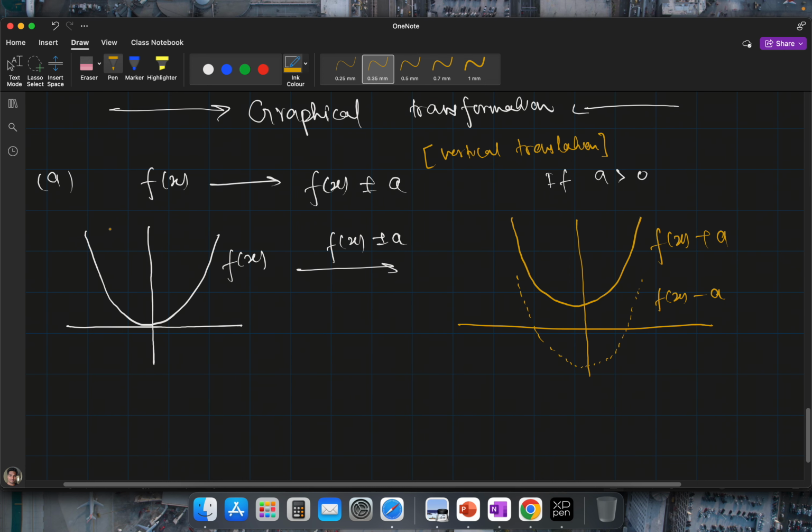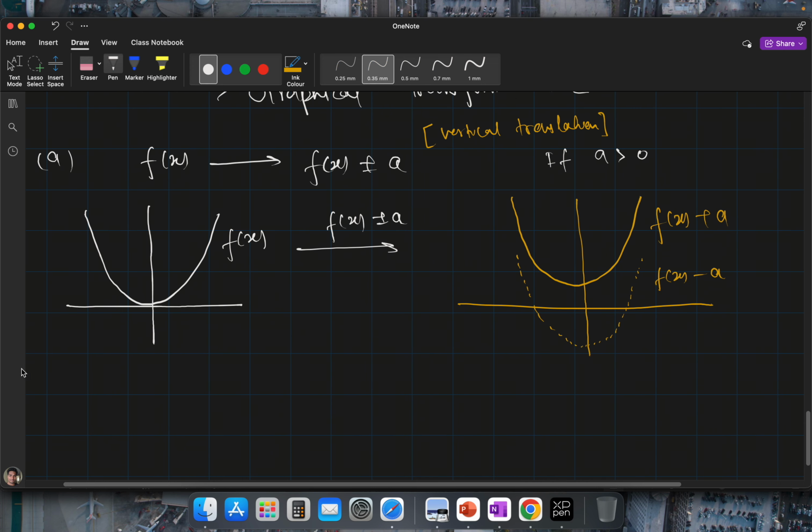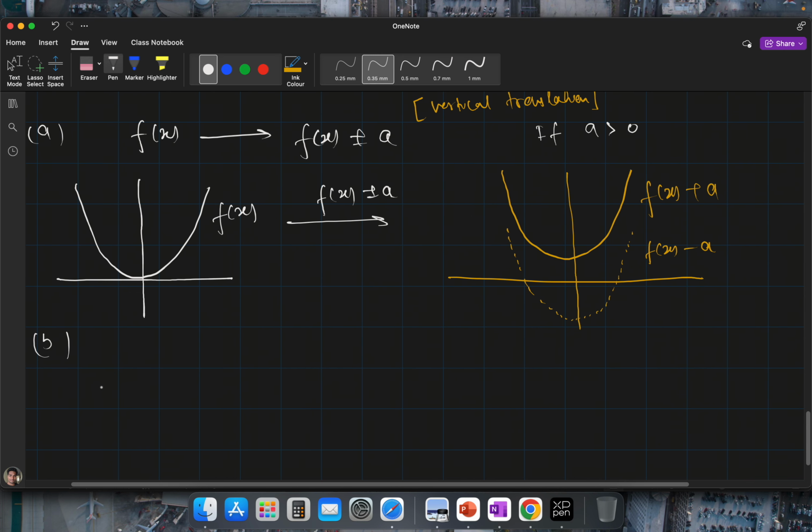Okay, so now let's talk about the second transformation. Let's take a second example. If you want to transform this function, instead of adding a to the function as f(x) plus a, now I am adding a to x.